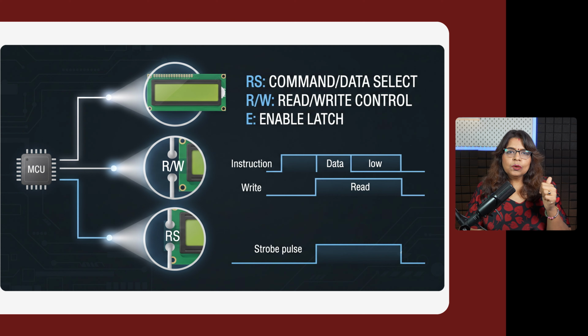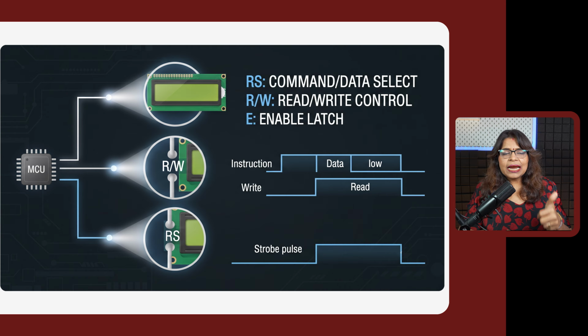Some of the control lines I would like to highlight are RS, RW, and E. The RS signal decides whether the microcontroller is sending a command or data to the LCD. RW, as the name suggests, is read/write, whether you are writing to the LCD or reading from it. E stands for enable. Enable is basically to latch the data you want to display onto the LCD.